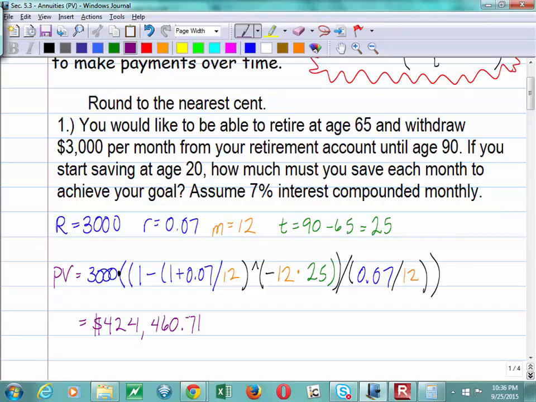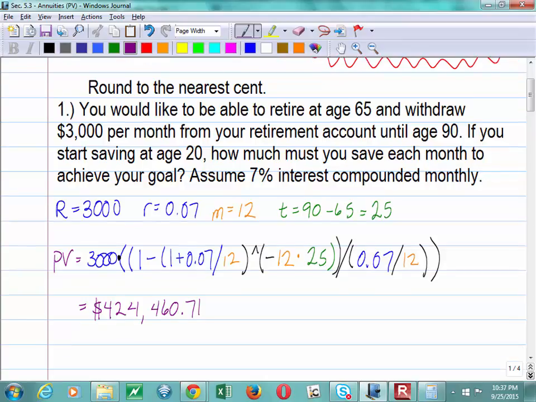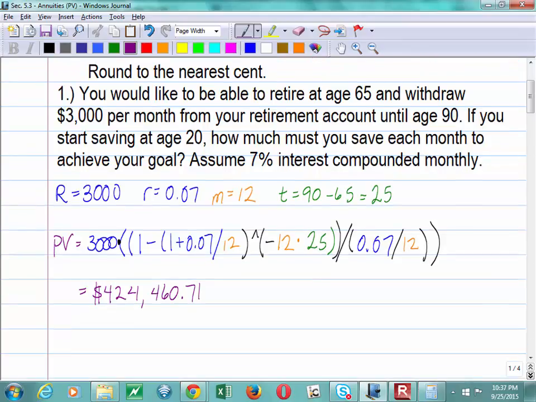So that's the amount of money that you would need to have in your account at age 65 when you retire. Now, if you start saving at age 20, how much must you save each month to achieve your goal? So for that, we would need to use the formula from section 5.2 and solve for that payment.